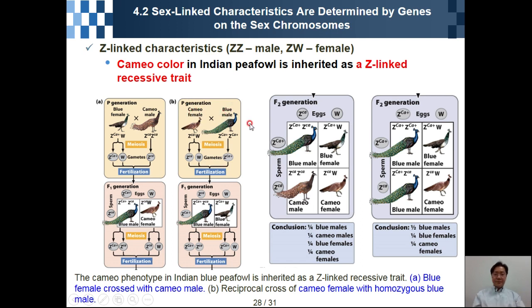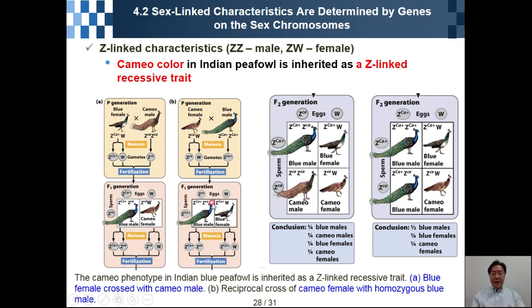Okay. So after meiosis, in the parent generation, this female makes ZCA and W, and this male makes all of them ZCA plus. So after fertilization, the sperm can go to here, and the egg can go to here and here. So this is the Punnett square.